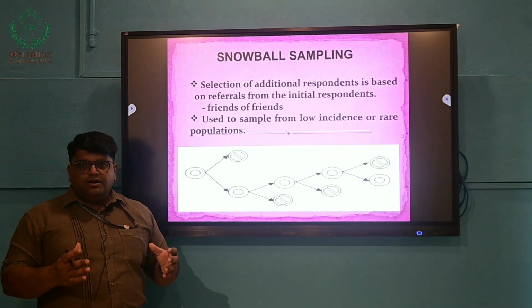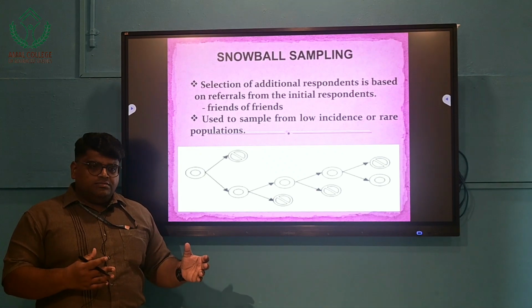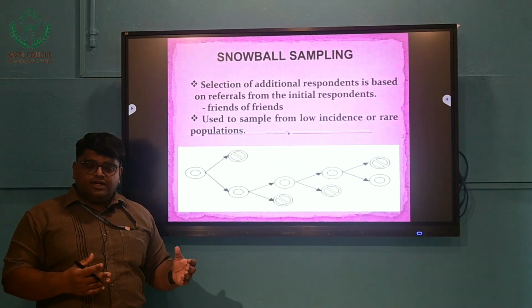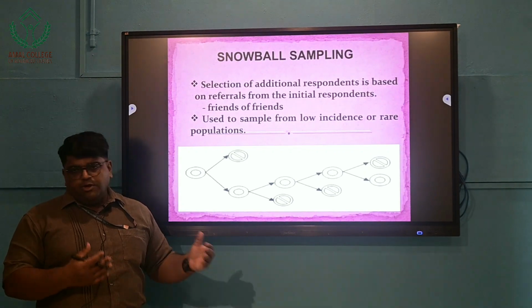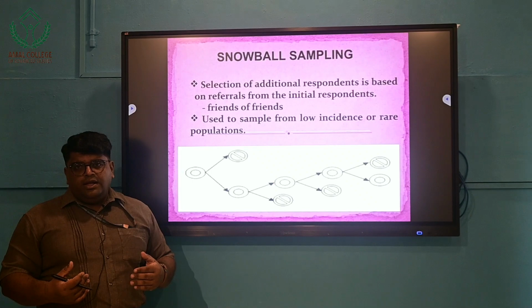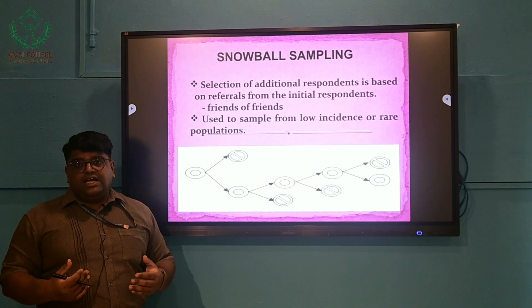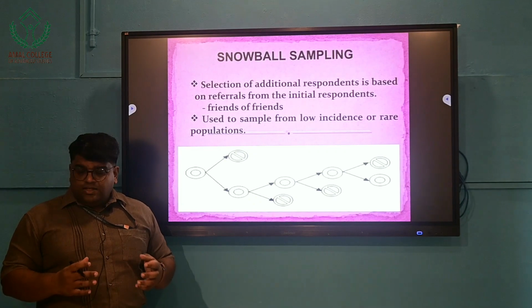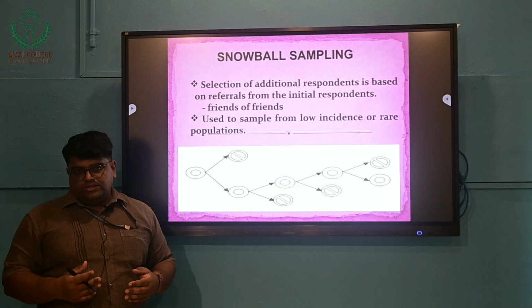I mean, those people losing their jobs in Gulf countries, from Oman, Saudi Arabia, UAE, from all these countries, and coming back to the hometown, and I want to know the economic status of these ex-NRIs. If that is a study, now how will I find the respondents?